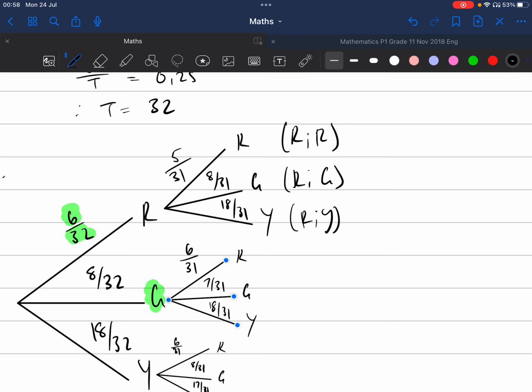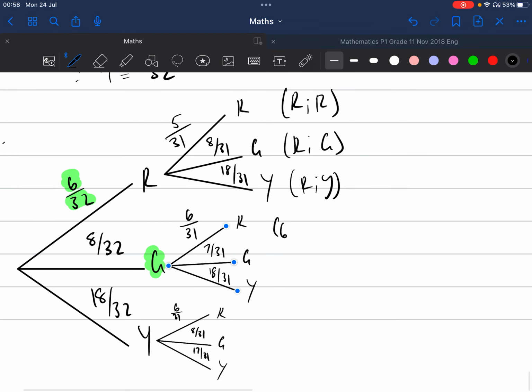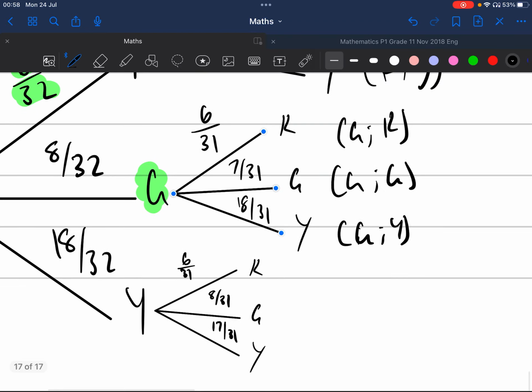Red and yellow. This is green and red. Green and green. And green and yellow. Okay. This is now yellow and red, yellow and green, and yellow and yellow.